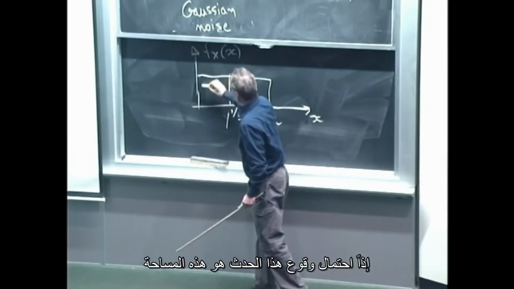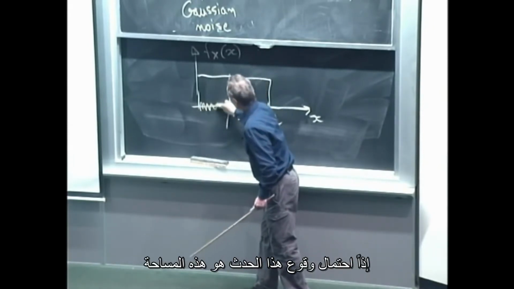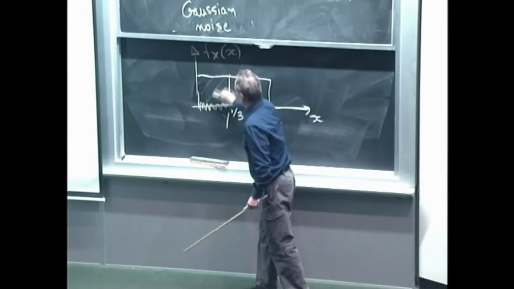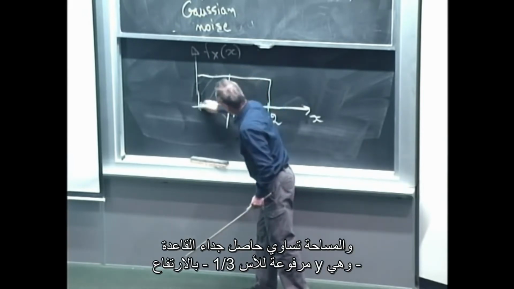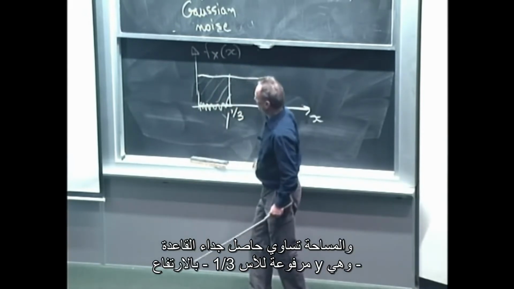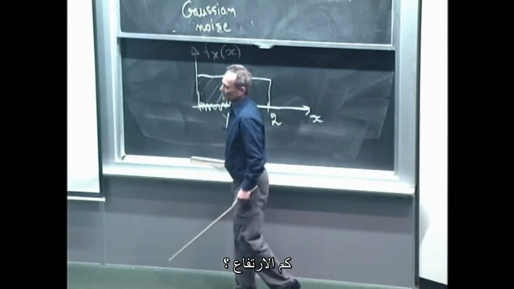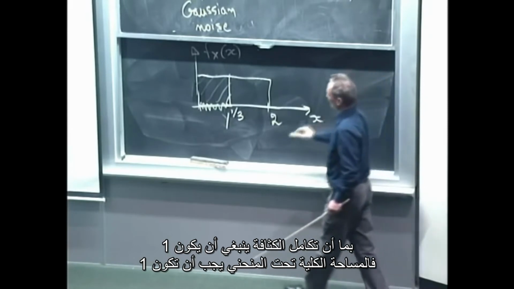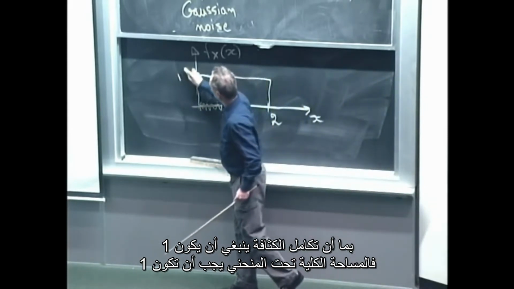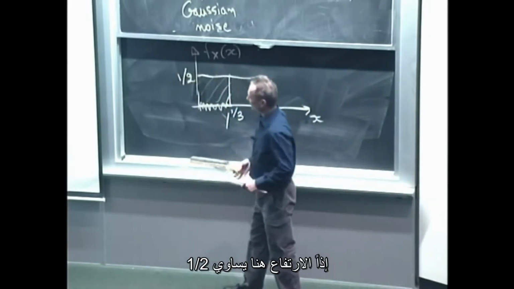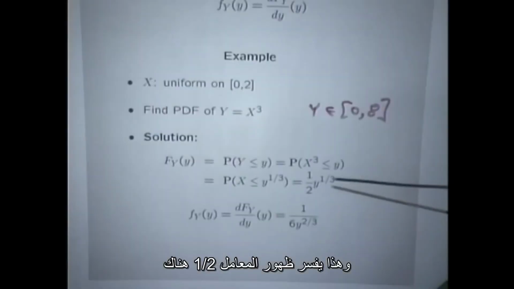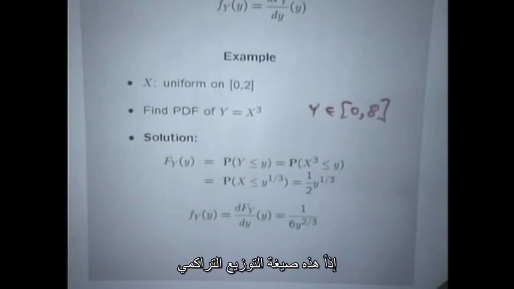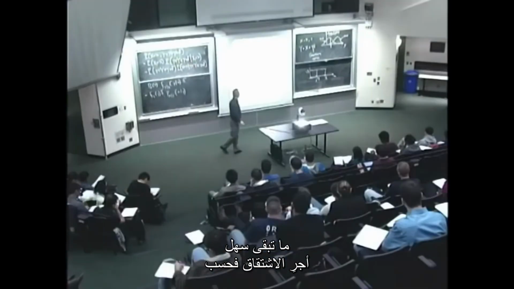So the probability of this event happening is this area. And the area is equal to the base, which is y to the 1/3, times the height. What is the height? Well, since the density must integrate to 1, the total area under the curve has to be 1. So the height here is 1/2. And that explains why we get a 1/2 factor down there. So that's the formula for the cumulative distribution. And then the rest is easy.